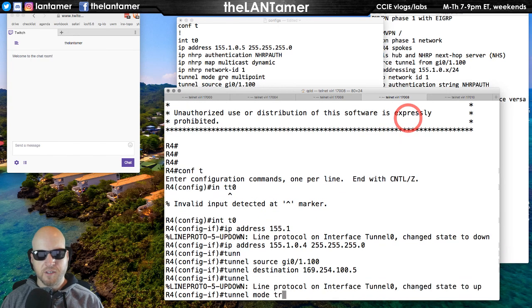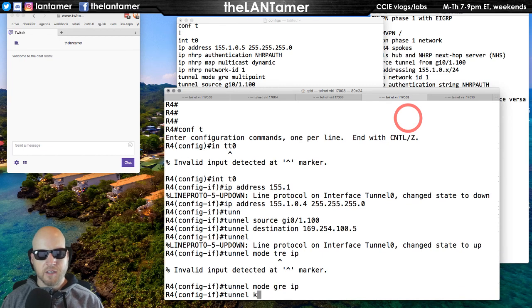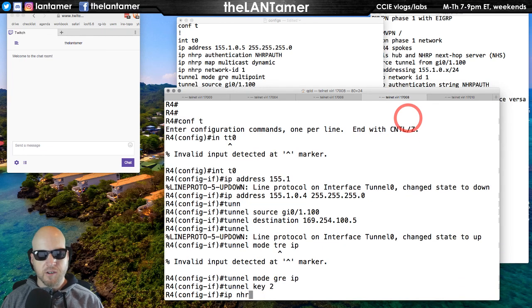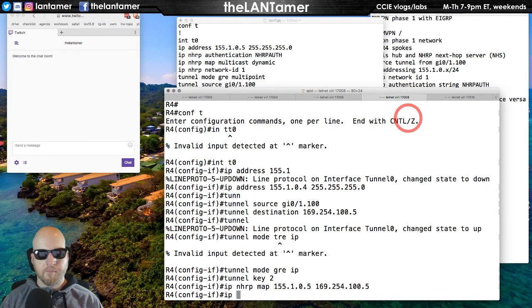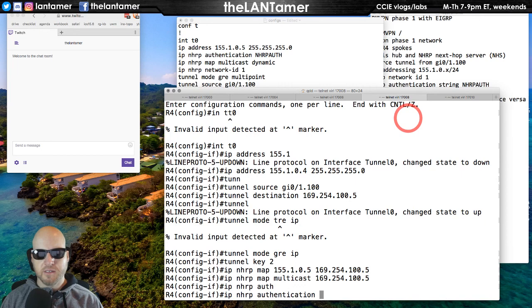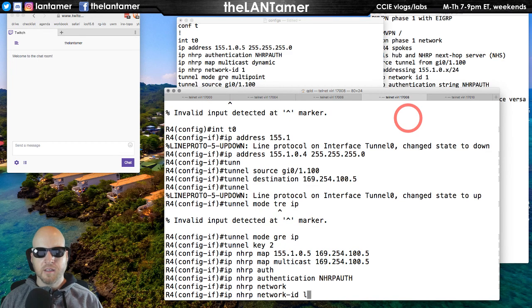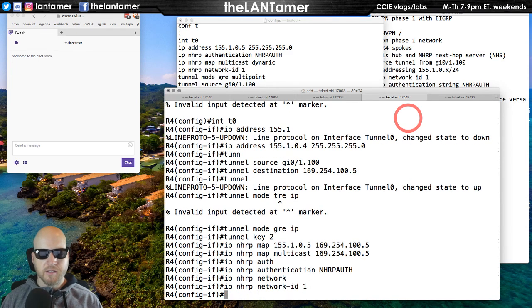Tunnel mode GRE IP. Tunnel key of 2. IP NHRP map multicast. IP NHRP authentication. IP NHRP network ID. Again, it doesn't matter. And IP NHRP NHS. Okay.